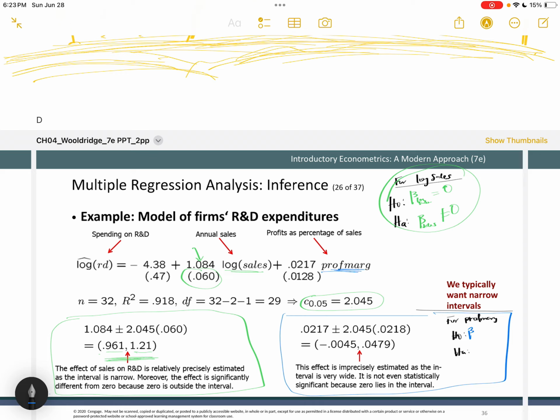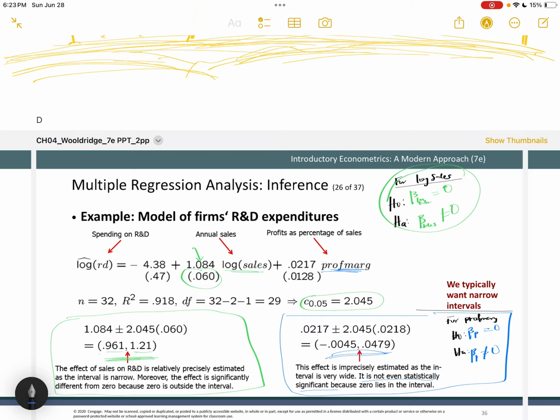Now the blue one. The blue one, so this is the beta for profit. All right, beta subscript P equals 0. Beta subscript P not equal to 0. Is there a 0 in this interval? Yes. There's 0 in this interval, so we fail to reject H naught.